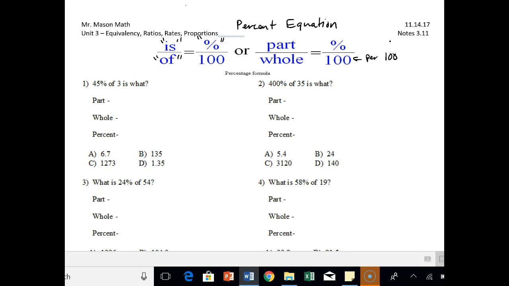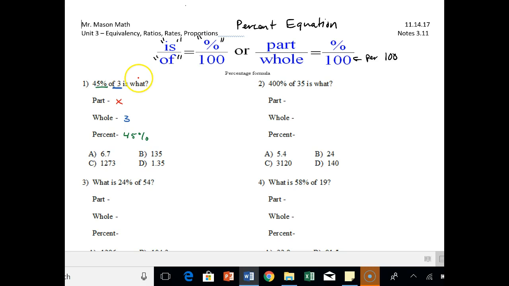So let's try one out. It says 45% of 3 is what? So first of all, I know I have a percent because it said 45%, so I'll put that right there. 45% of 3. Of is of a whole, so the whole is 3, and the part is, I don't know, is what? So that's something I don't know.